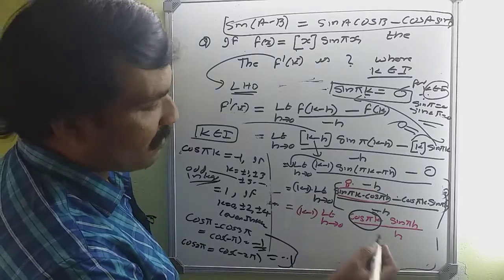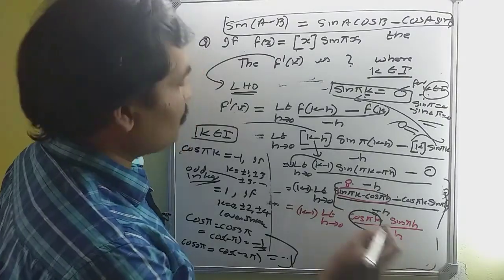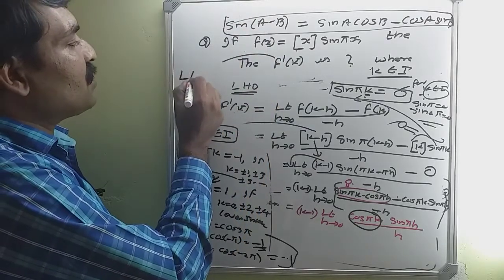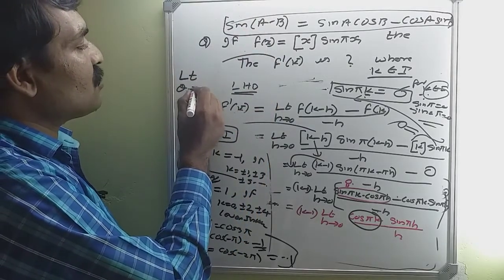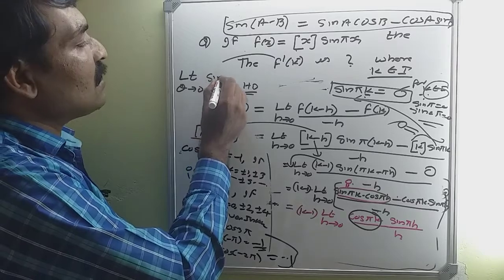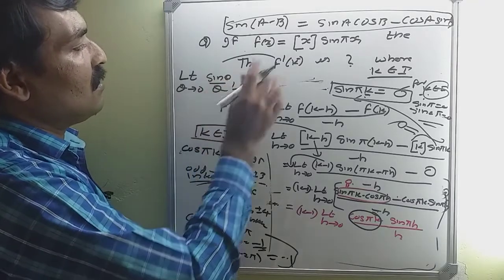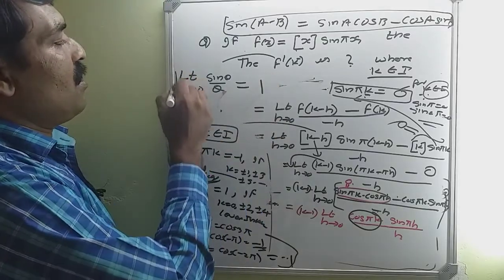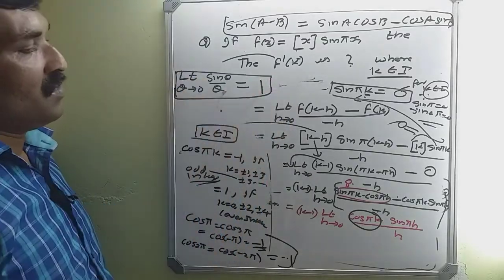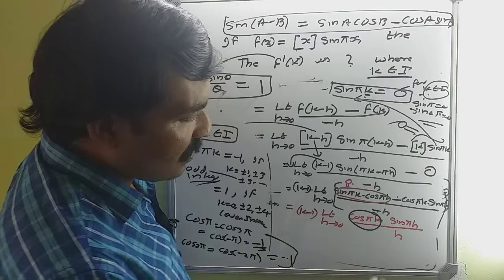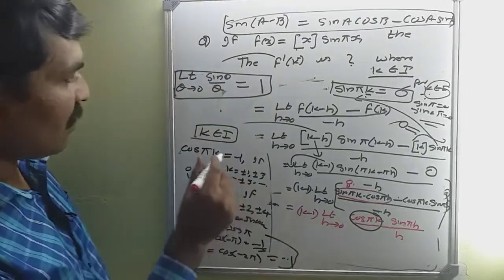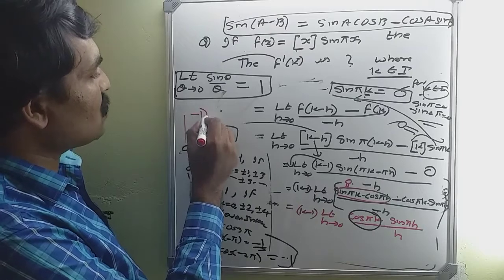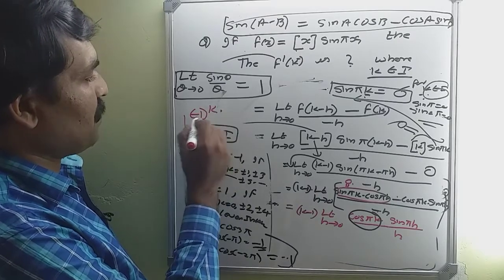And we can use our standard limit: limit theta tends to 0 sin theta by theta is equal to 1. So we can write cos pi k is equal to minus 1 raised to k.